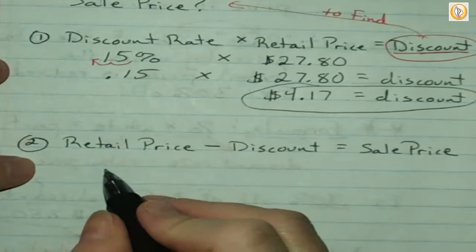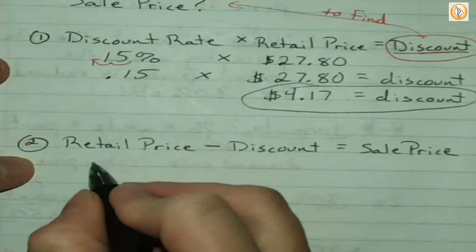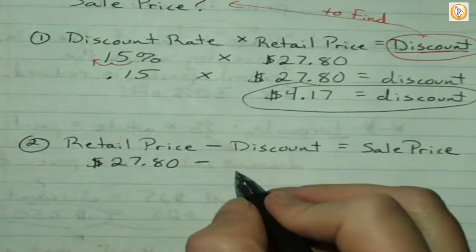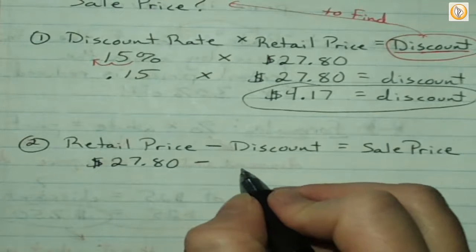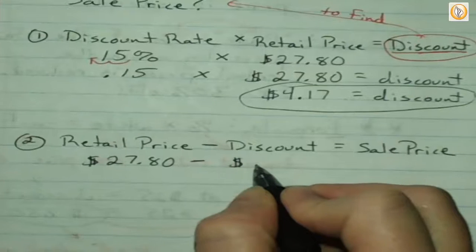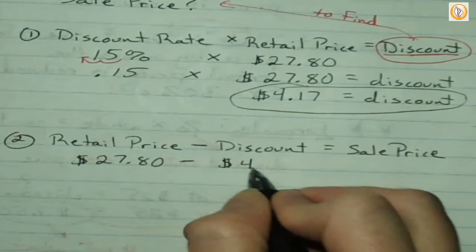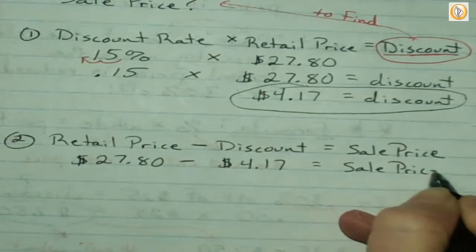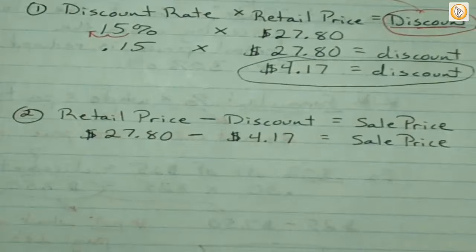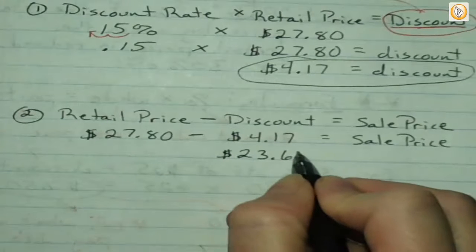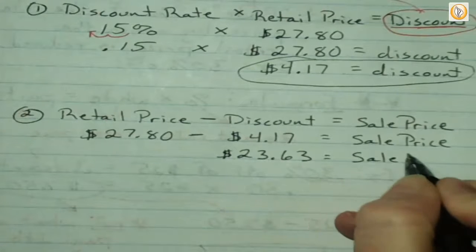Okay, so what is the retail price, Joseph? The retail price is $27.80. And what's the discount, Talia? $4.17. That's going to give us our sale price. So, to save on time, if you subtract these, you end up getting $23.63 is your sale price.